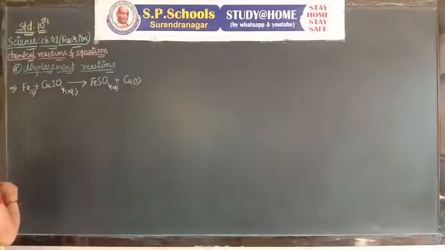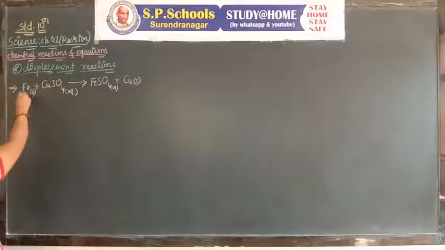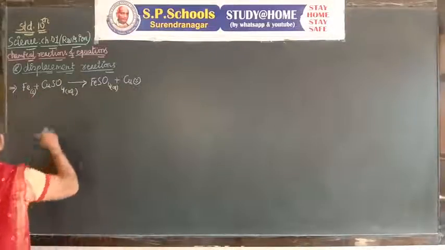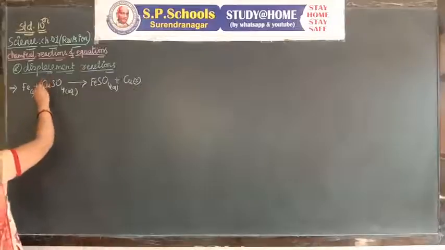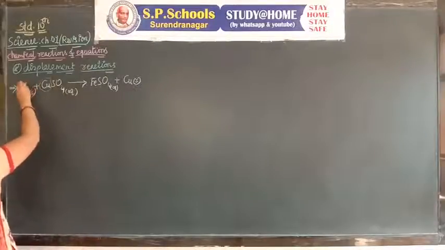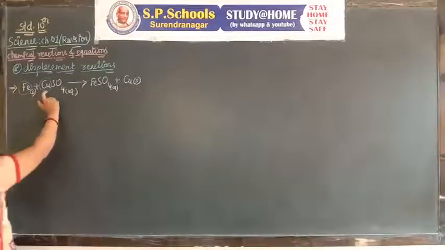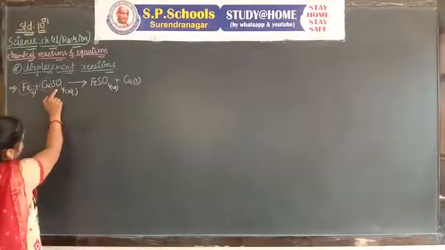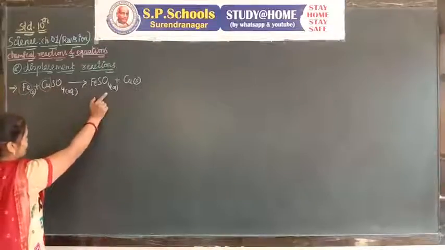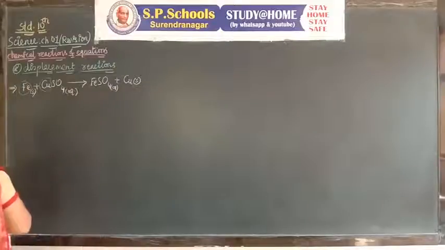Fe is more reactive than Cu. Here two metals are involved, Fe and Cu, and one compound, CuSO4. So here we see FeSO4 plus Cu.